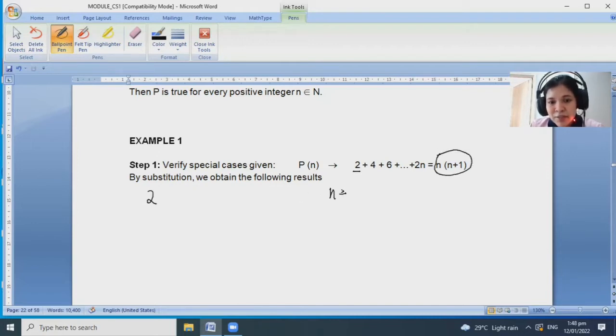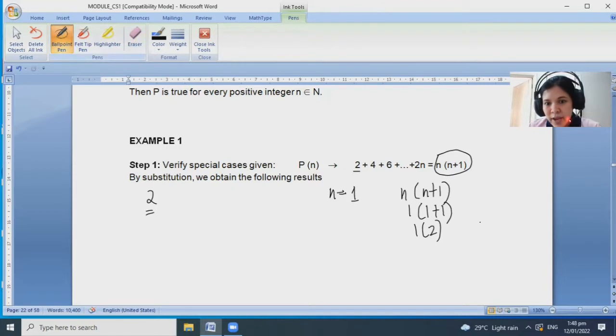If n is equal to just one number, because we just have 2, replace n by 1. So using the formula n times n plus 1, 1 times 1 plus 1. So we have 1 times 2, the answer is 2. So verified. Correct.